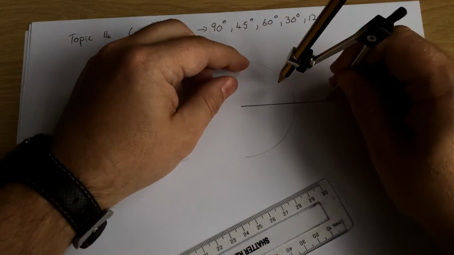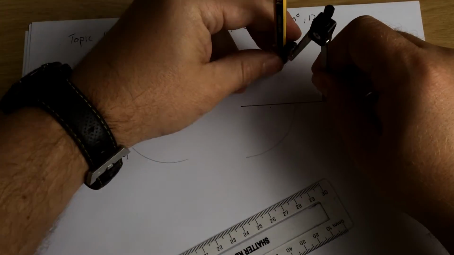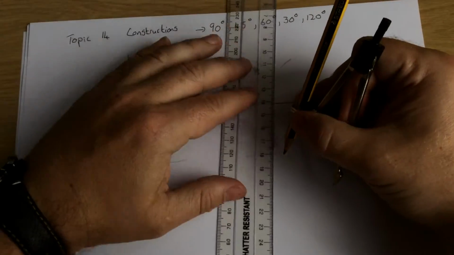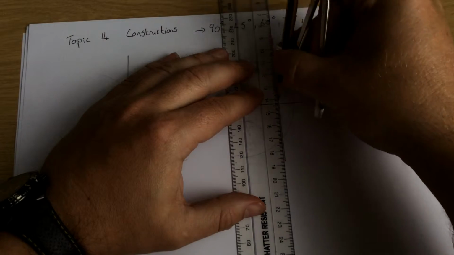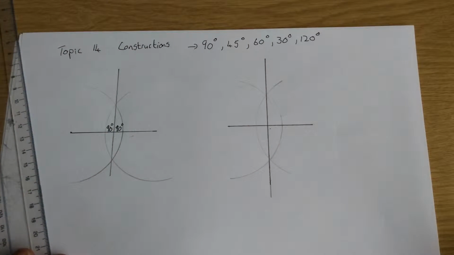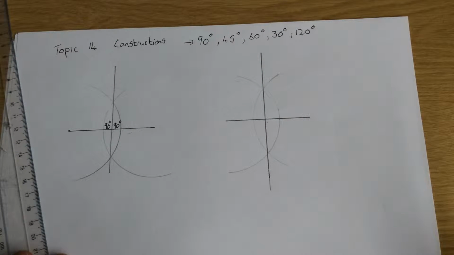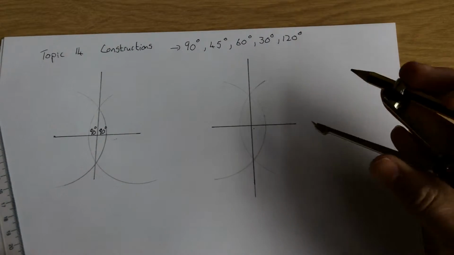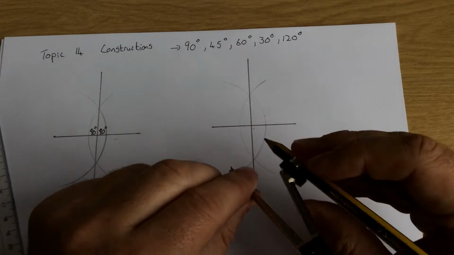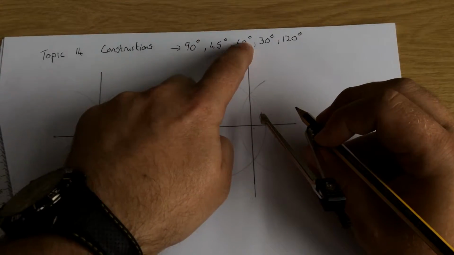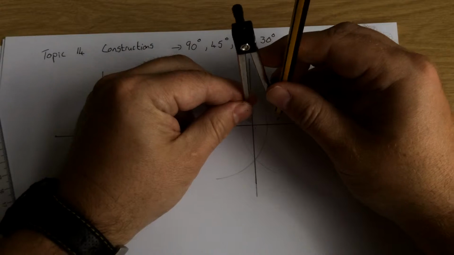I then turn my compass around and do exactly the same, and where the two lines meet I draw a line straight down the middle. That makes an angle of 90 degrees. I now need to split that into two to make an angle of 45 degrees. How I draw 45 degrees is something called the angle bisector, where I split it into two. This method I'll need later when I'm splitting a 60 degree angle into a 30 degree angle.